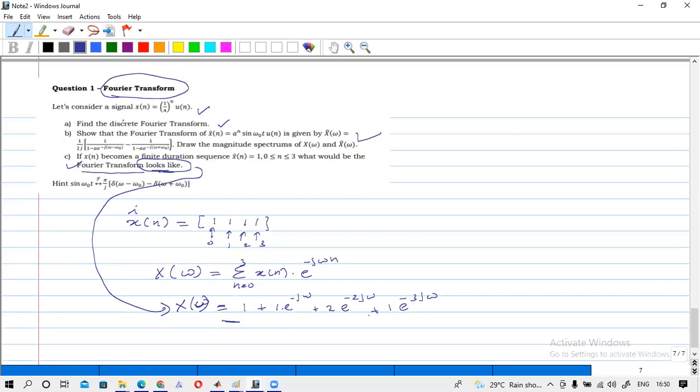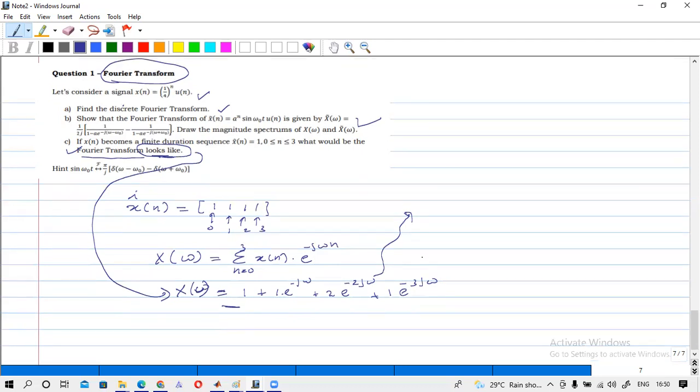Now actually for this one, you can draw the phase spectrum and the magnitude spectrum. For that also you have to convert this to x plus jy terms, otherwise you can't do this.